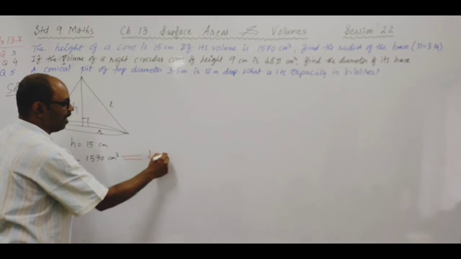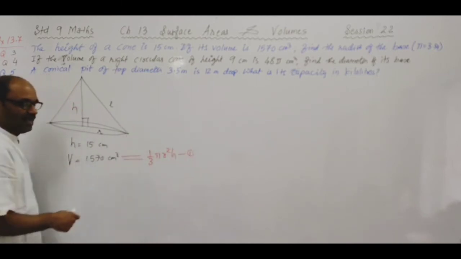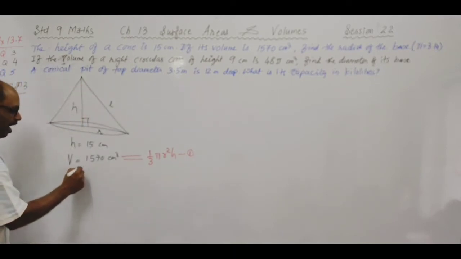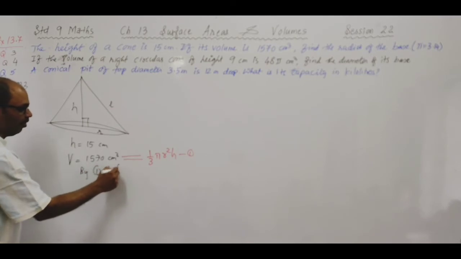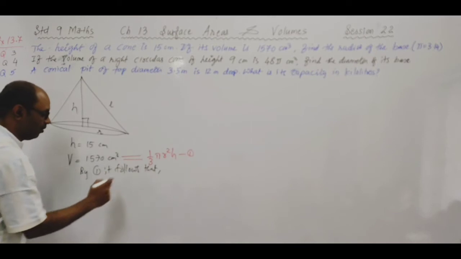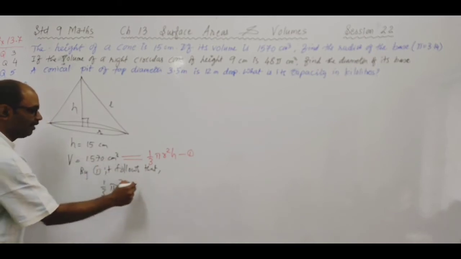Yes, the formula is 1/3 pi r square h. And I'm going to call this result number 1. And very soon, by 1, it follows that 1/3 pi r square h is equal to the magnitude 1570.